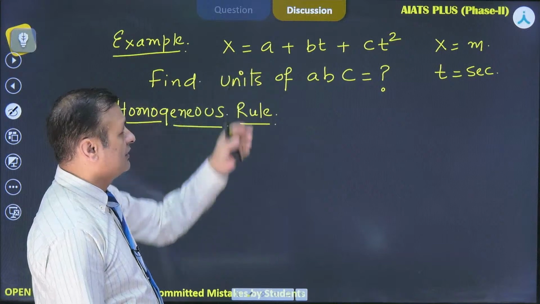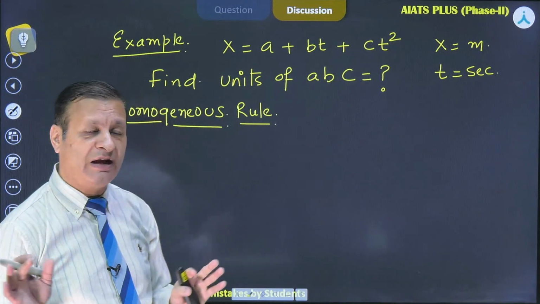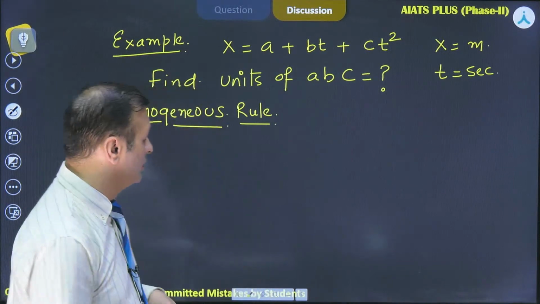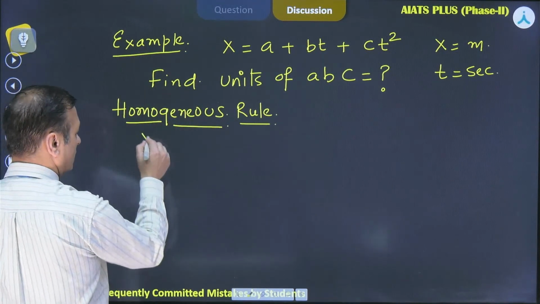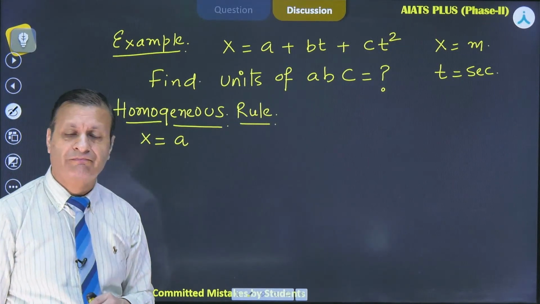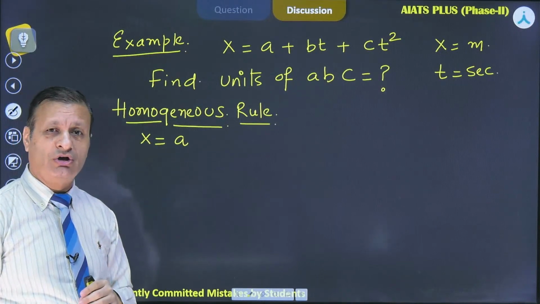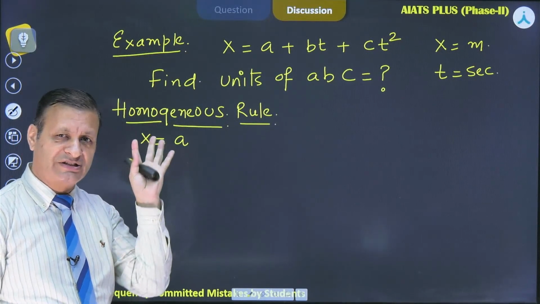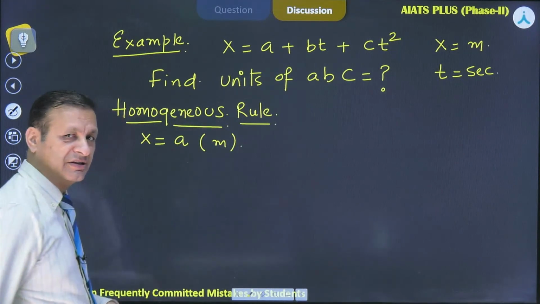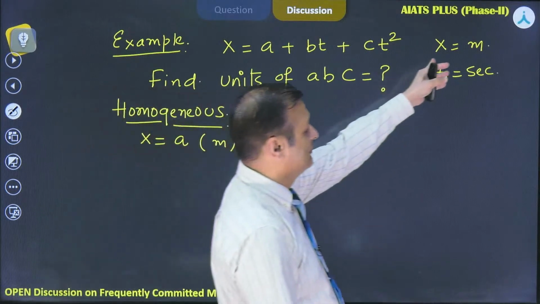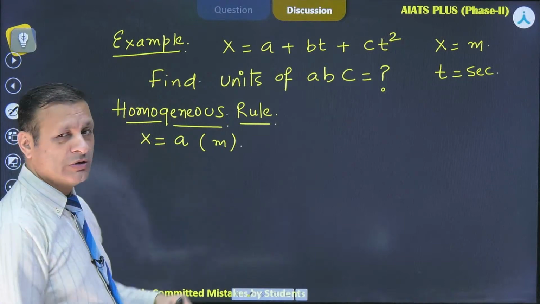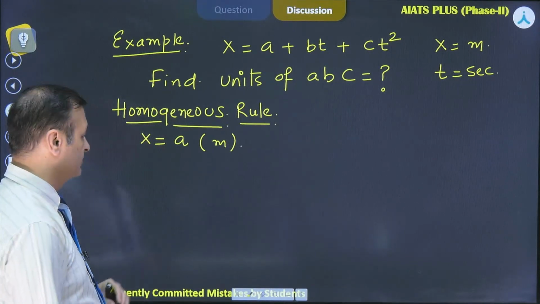And two physical quantities can be compared only when they have the same dimensions or the same dimensional formula. So based on that, A will have the same dimensions or units as that of X. So definitely A will be in meters, because X we have taken as meters. So your A will also have the same units as meters.